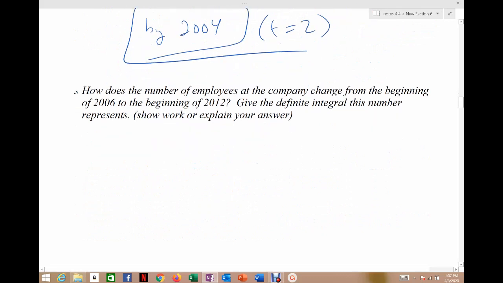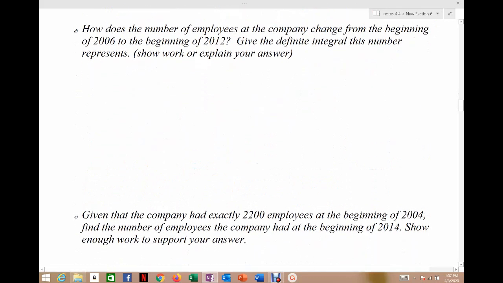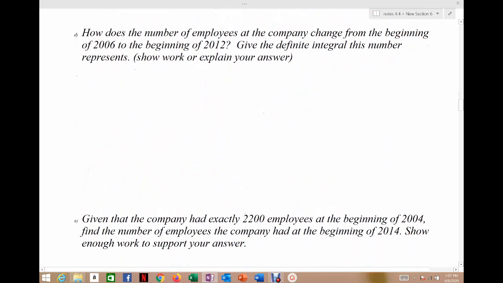All right, next question. How does the number of employees in the company change from the beginning of 2006 to the beginning of 2012? So we're going from 2006 to 2012, and we want to know the net change. Well, that would be time 4, and that would be time 10, right?